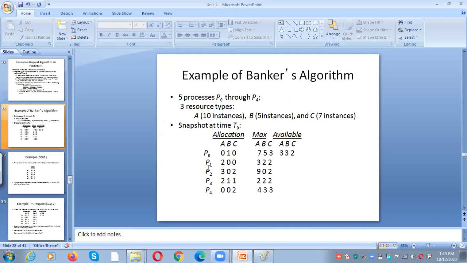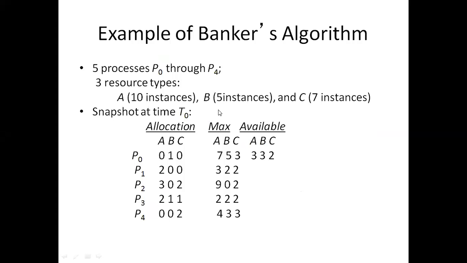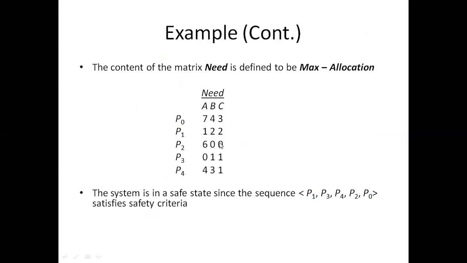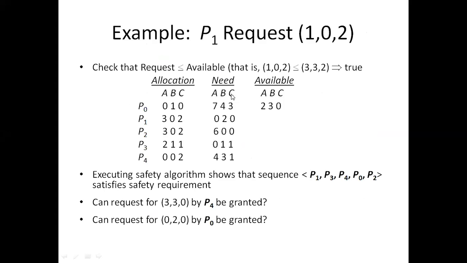In the earlier example, max and allocation were given, so in order to get the need, you need to subtract allocation from max. Then you will get the need. But in this particular example, they have directly given the need.